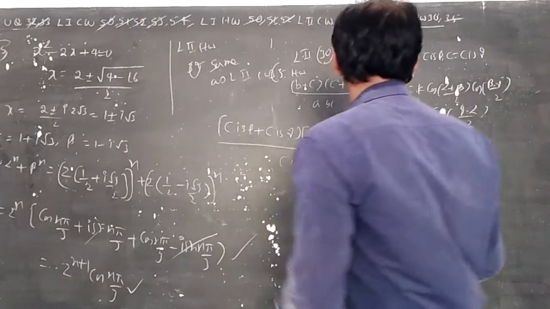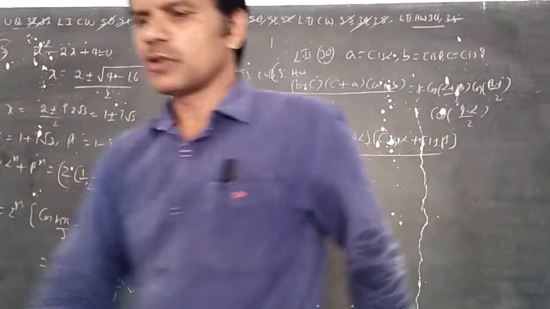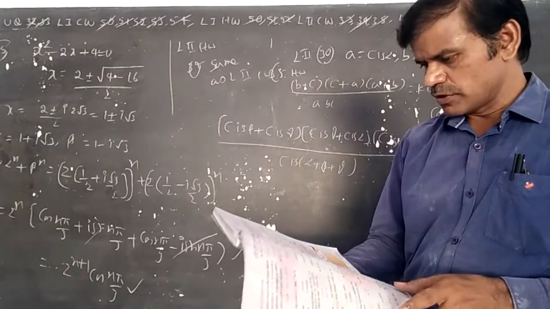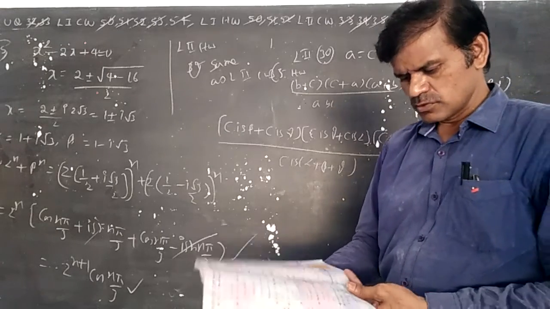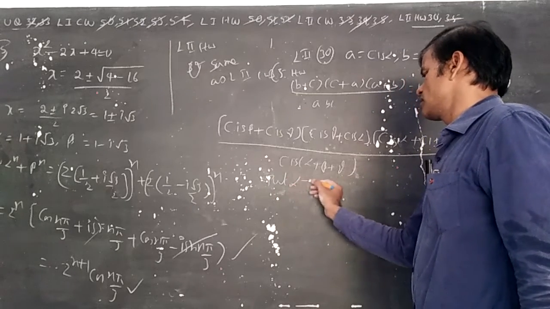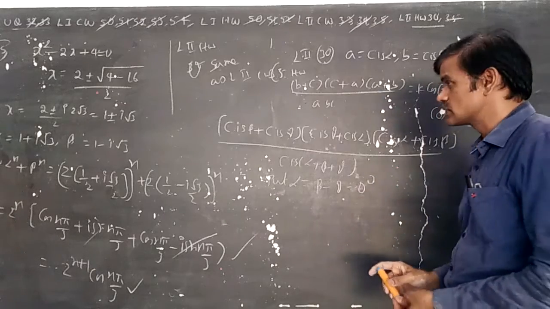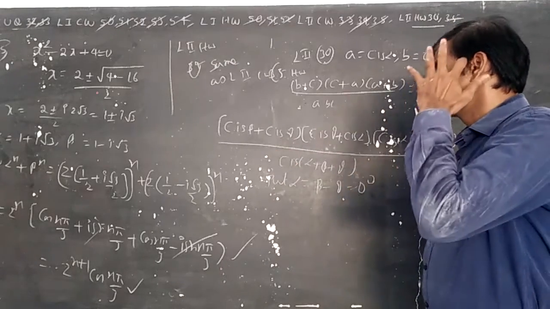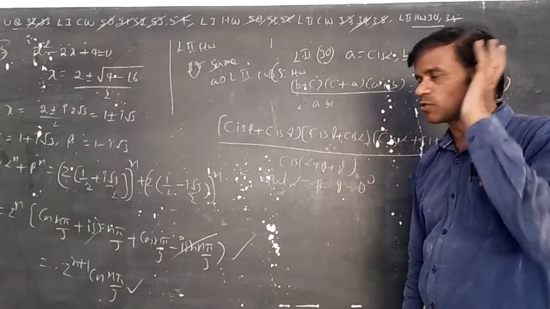For B + C, if the answer is a number, a shortcut is there. Better to put α, β, γ everything 0. Answer is 3, so let us discuss. Put α = β = γ = 0 degrees. Cis β means cos β + i sin β, cos 0 + i sin 0 = 1.